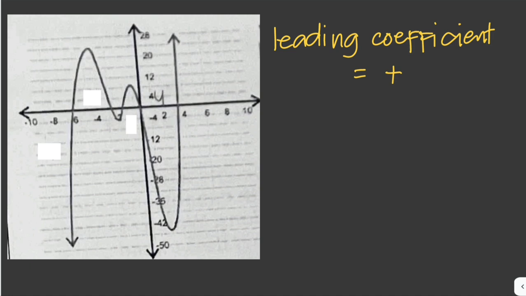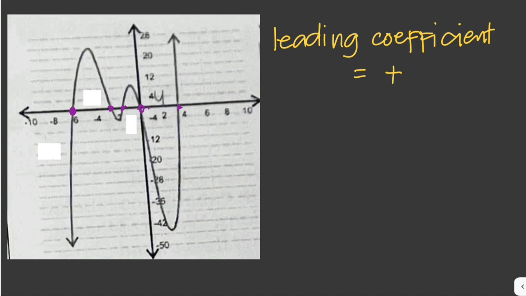And now let's take a look at the zeros of the graph. So the graph touches the x-axis at this point, this one, this one, and this one. 1, 2, 3, 4, 5 times.